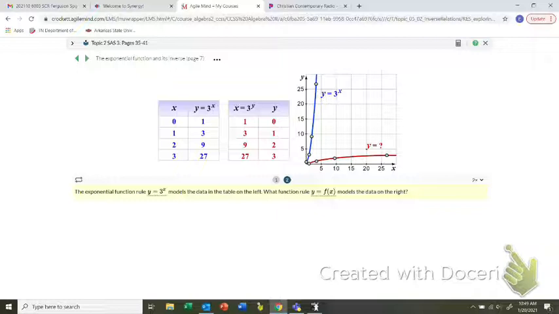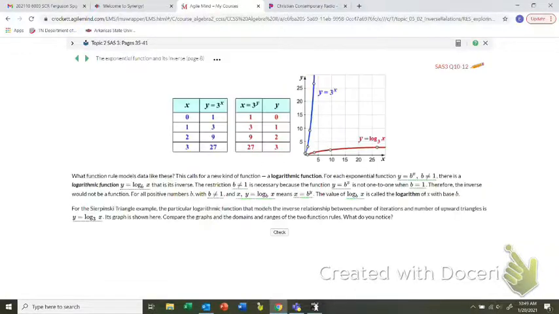What type of function models this inverse? All right, this is called a logarithmic function. Number 10, a logarithmic function.